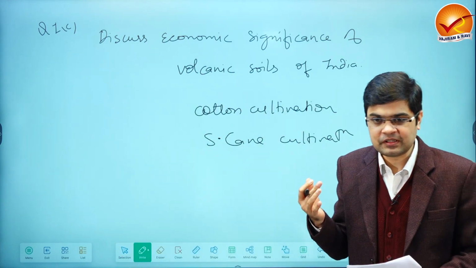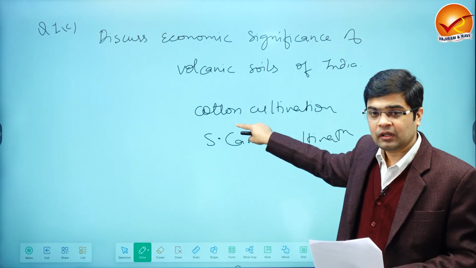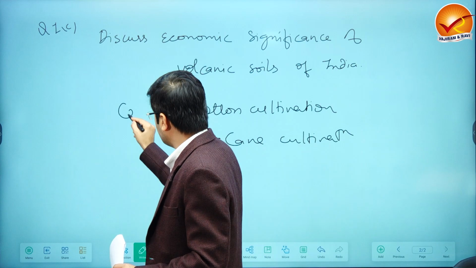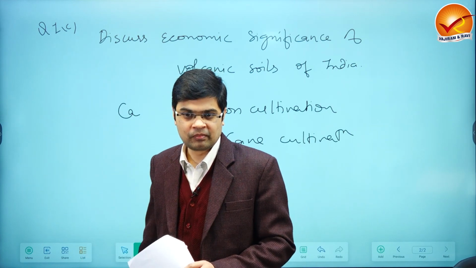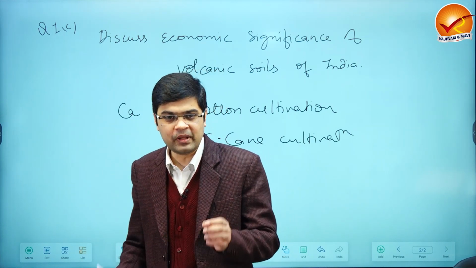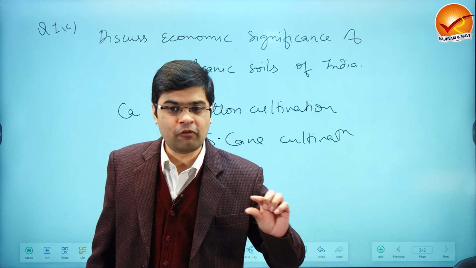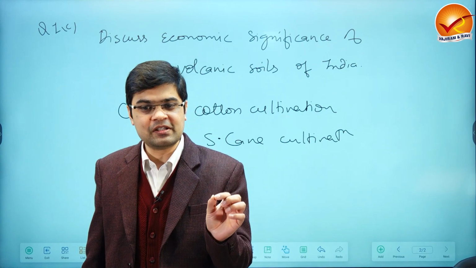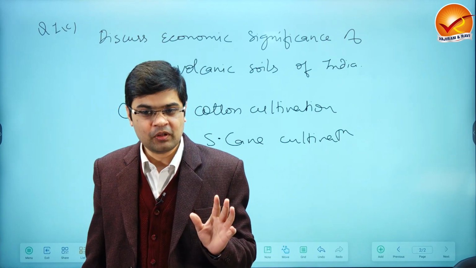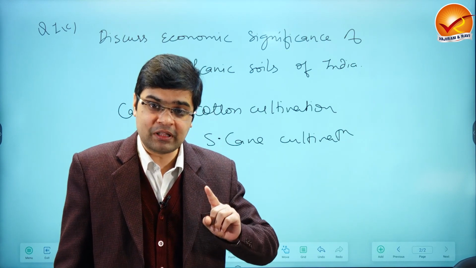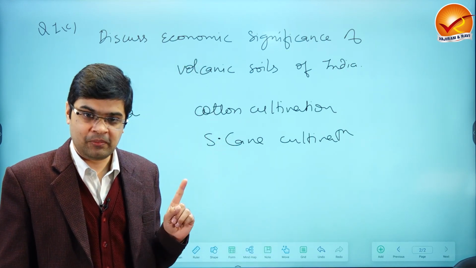Very important, when I talk about cotton, cotton is a crop that requires a good amount of calcium for its cultivation. Okay? And if I look at the properties, black soil is rich in calcium and magnesium. So some secondary macronutrients which are required for cultivation of cotton are present in the black soil.